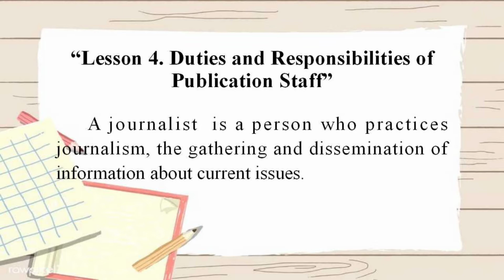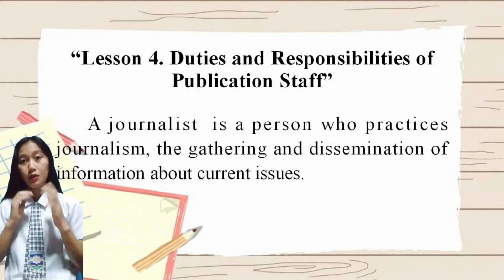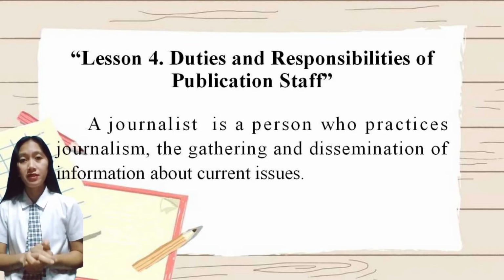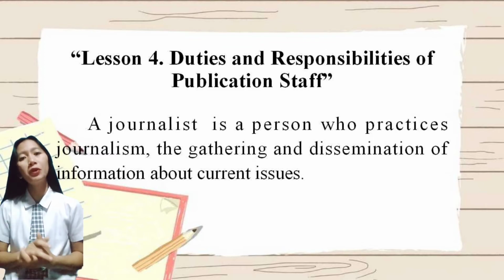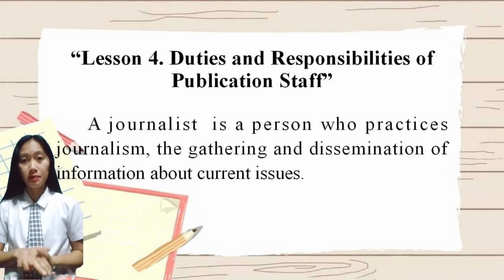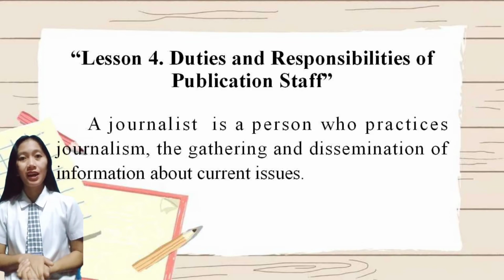A journalist is a person who practices journalism, the gathering and dissemination of information about current issues. The key objectives of a journalist are to gather information, to write news pieces, and to present the news in an honest and balanced manner.